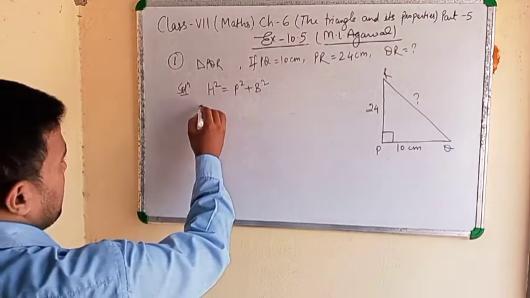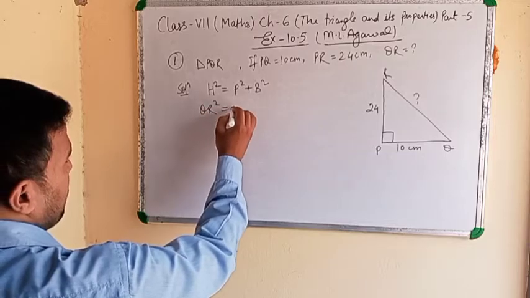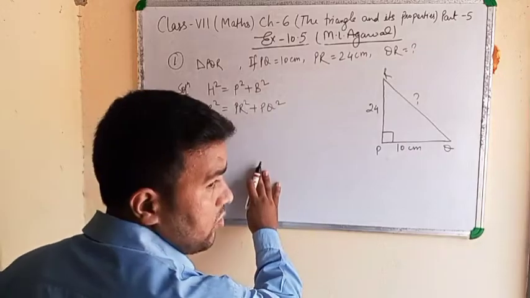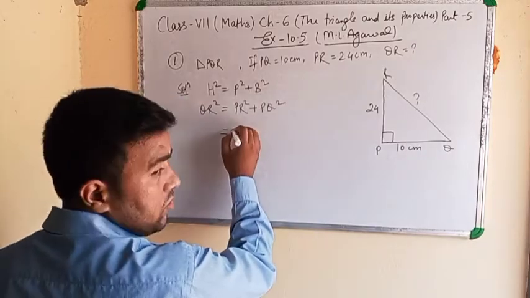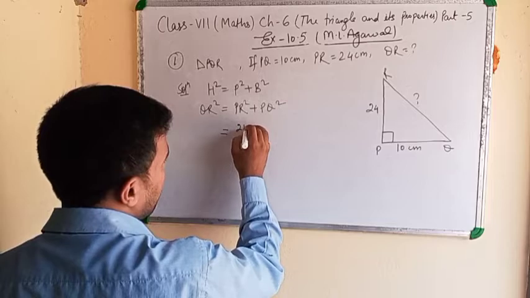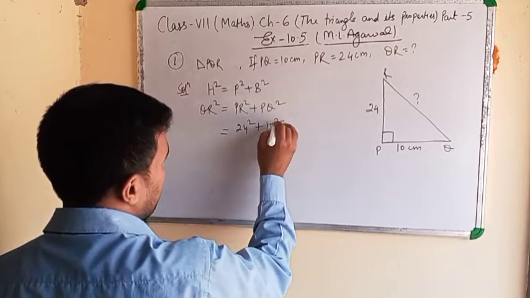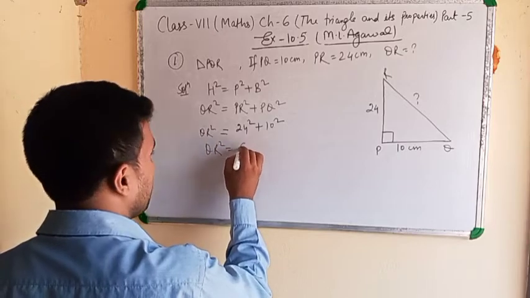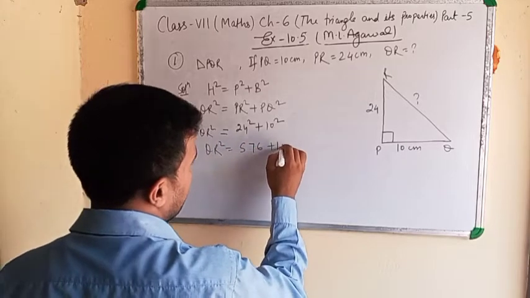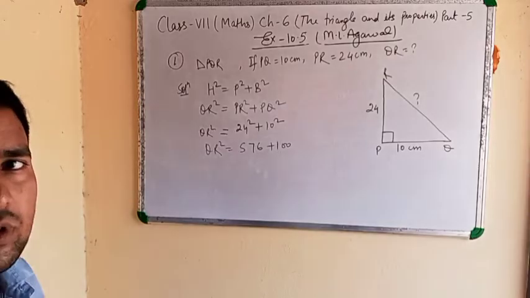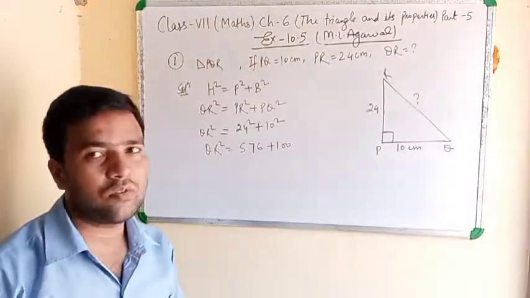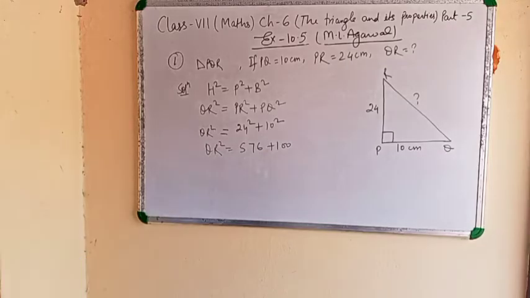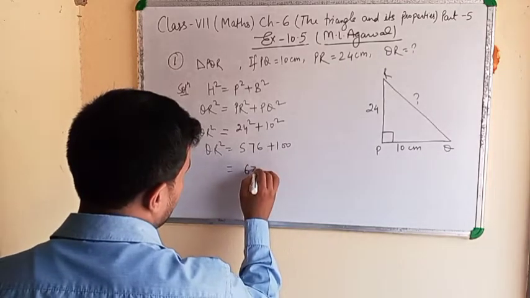So QR square equals PR square plus PQ square. Put the values: PR is 24, and 10 square. Then QR square equals 576 plus 100. 24 square means 24 into 24, which gives 576. So it is 676.